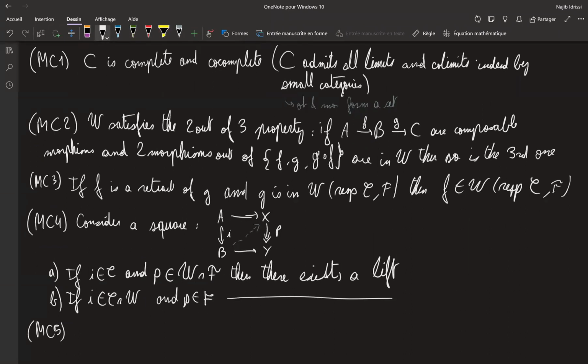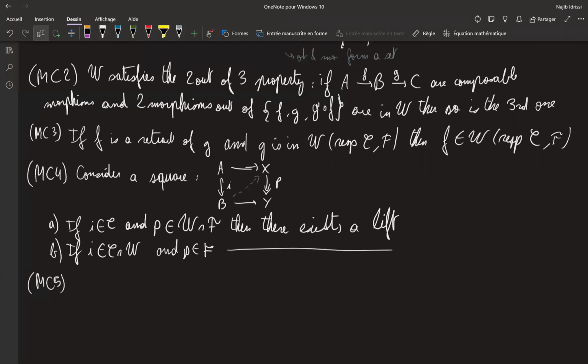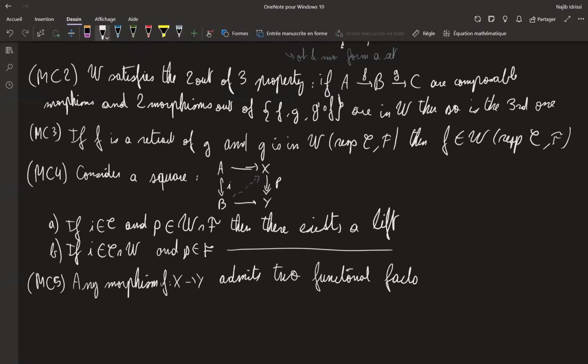And finally, MC5: any morphism, let's say a morphism F from X to Y, admits two functorial factorizations.